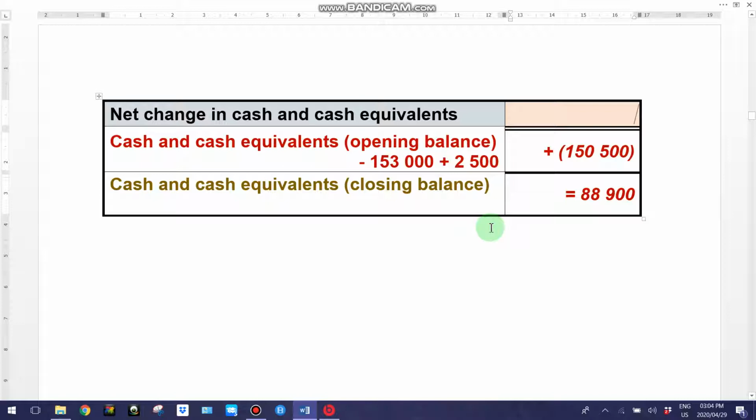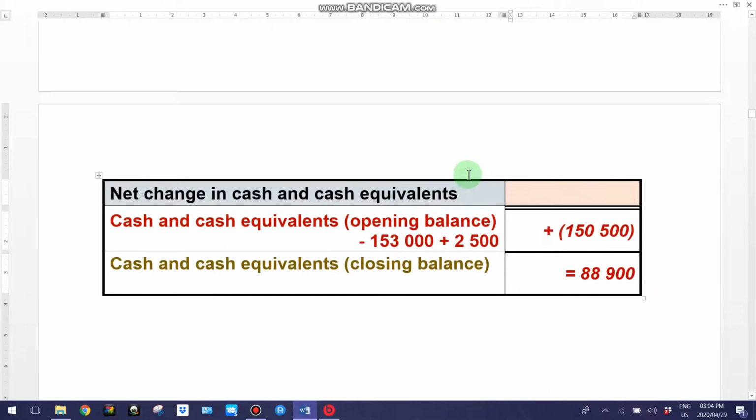That's the technique you are going to use when you are doing your net change in cash and cash equivalents. Remember, you can also work this figure out from the top down. Clearly, my net change is going to be a big inflow because I moved from a negative balance to a positive. So I'm just going to add these two amounts, and then I'm going to get my answer here for my net change in cash and cash equivalents.